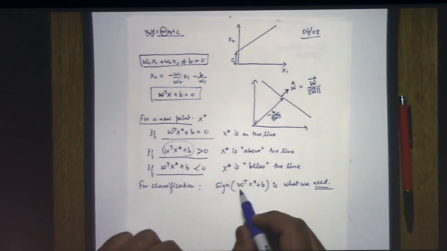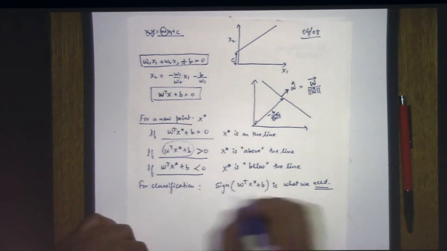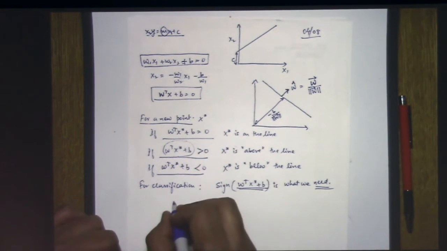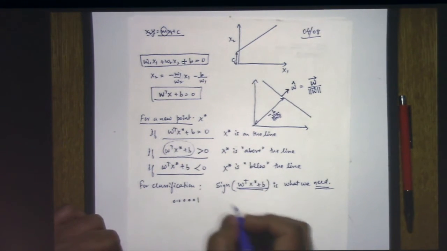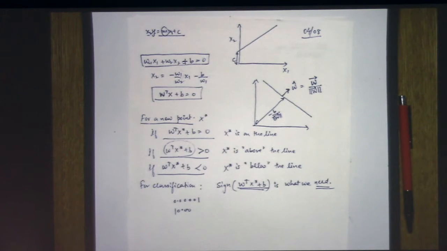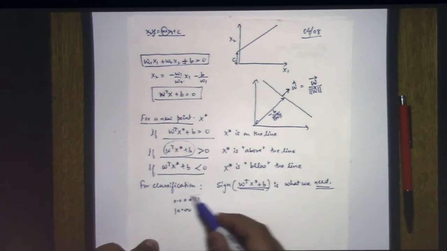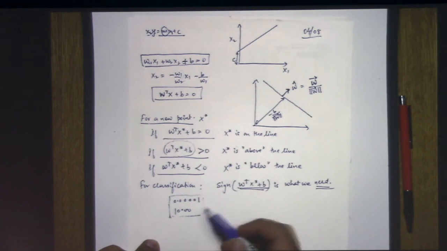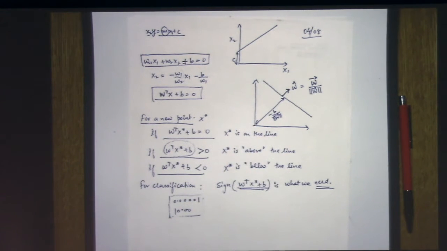So it doesn't matter if for a certain x star this value is 0.00001, and for another x star, this value is 10. For both of them, you will call it a positive point because it's on the other side of the line. But the actual value is useful in some way because it tells you how confident you are in the prediction.